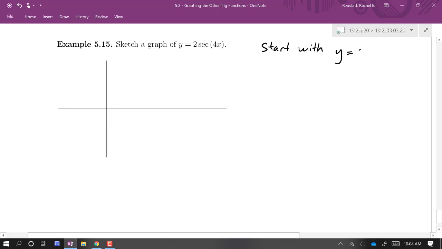So I'm going to start with 2 cosine of 4x. That has an amplitude of 2, a period of 2 pi over 4, which is pi over 2, and there's no phase shift.